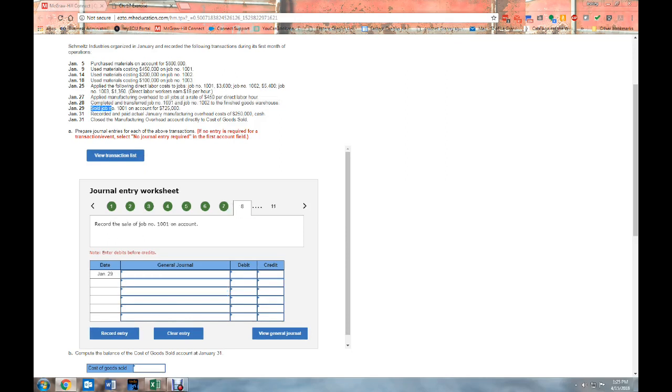Okay. So now we're going to sell job number 1001 on account for $725,000. So those costs are being transferred out of finished goods, and remember, we close finished goods once we sell them. Those costs close to cost of goods sold. So, and actually Connect is probably going to have you do this in two pieces.